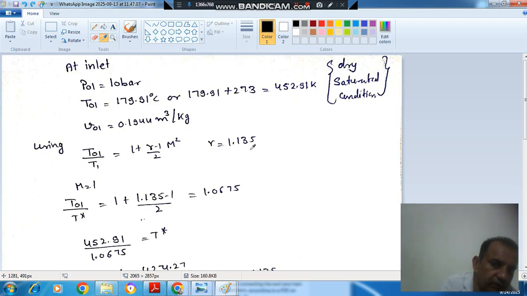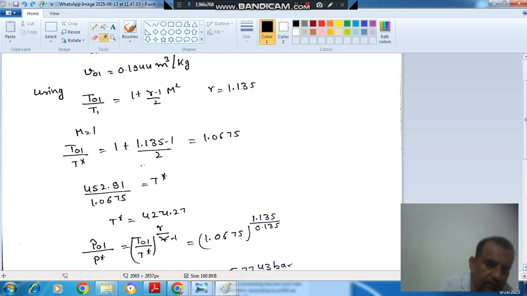Here gamma is given as 1.135, so T01 by T star will be equal to 1 plus (1.135 minus 1) by 2, which equals 1.0675. And now T01 is known, so T star can be calculated. T star comes out as 424.27.